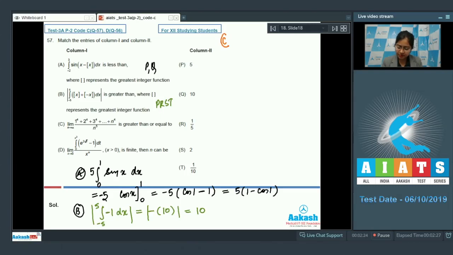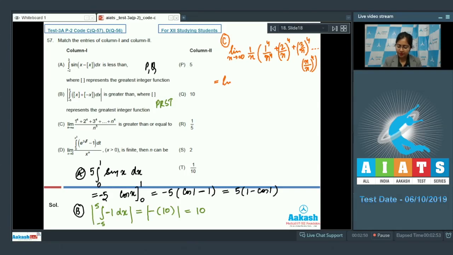Next is option number C, which says that limit n tending to infinity. See, in these type of questions we always take 1 by n common. So next we are left with 1 raised to the power 4 upon n raised to the power 4 plus 2 upon n raised to the power 4 plus 3 upon n raised to the power 4, and so on up till n upon n raised to the power 4.